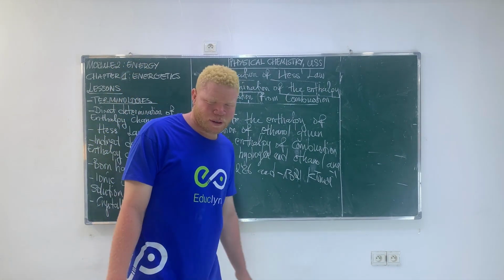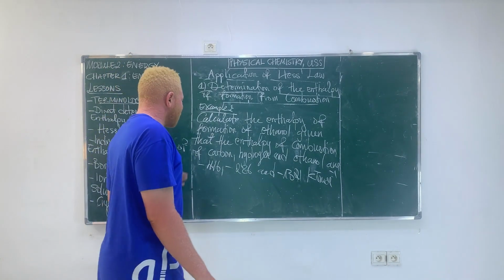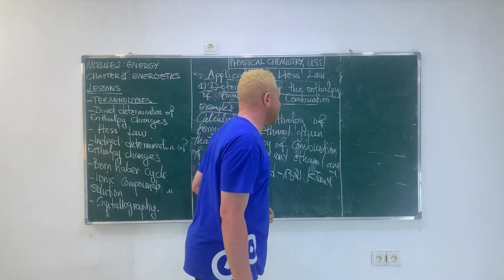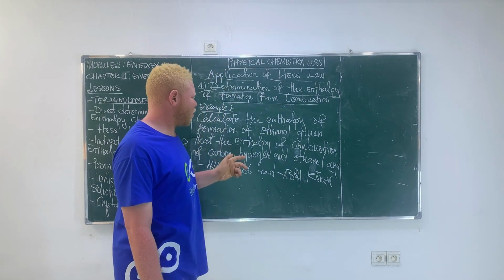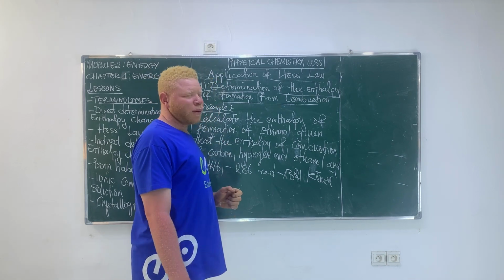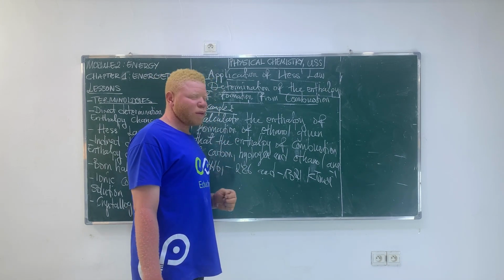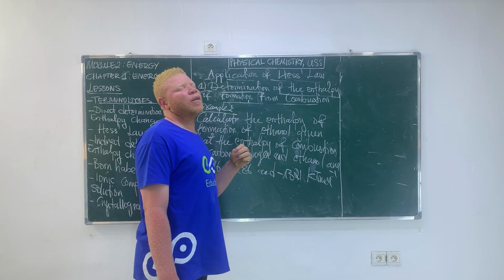So let me read the question. Calculate the enthalpy of formation, given that the enthalpy of combustion of carbon, hydrogen, and ethanol are minus 416 kilojoule per mole, minus 286 kilojoule per mole, and minus 1,370 kilojoule per mole.